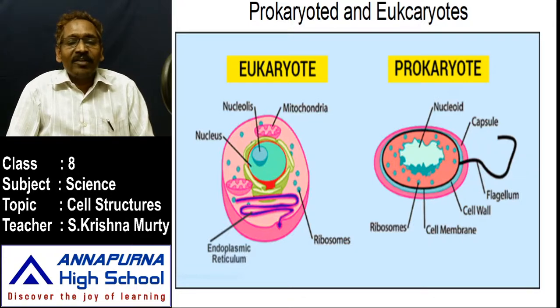Where the cell contains a well-developed nucleus, that is eukaryote. Eu means true, karyo means nucleus. Prokaryote: pro means false or primitive, and karyote means nucleus. Prokaryote means where the nucleus is undefined, or the nucleus may be absent in a cell. That is prokaryote, and those with a nucleus are eukaryote.